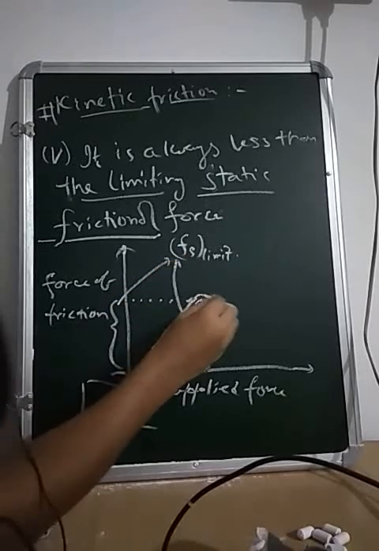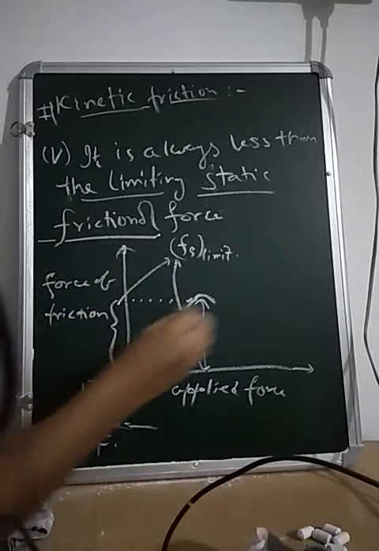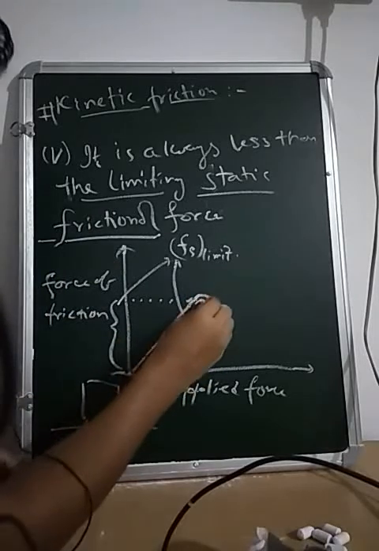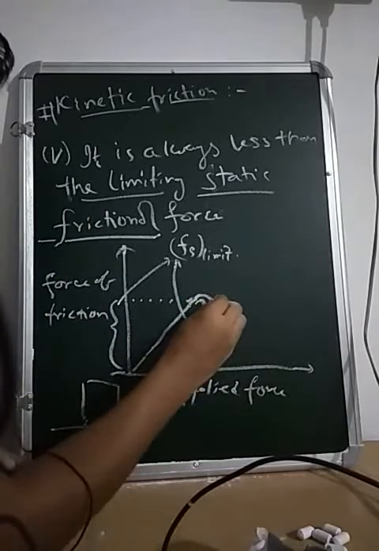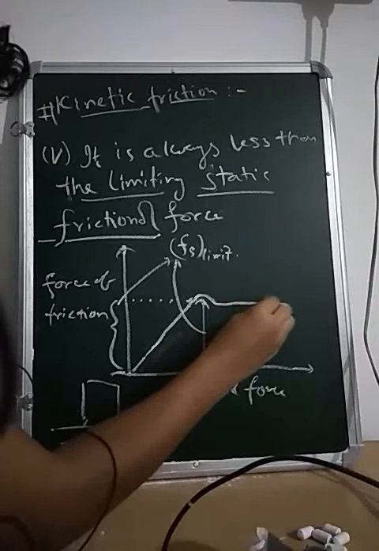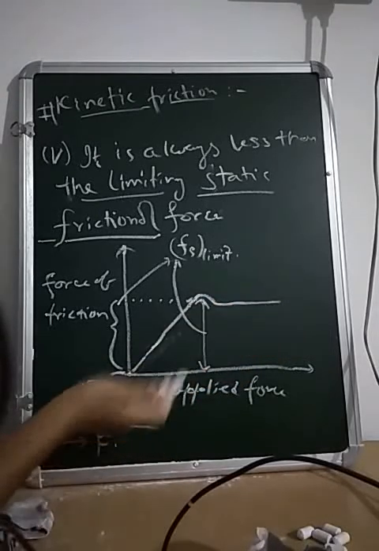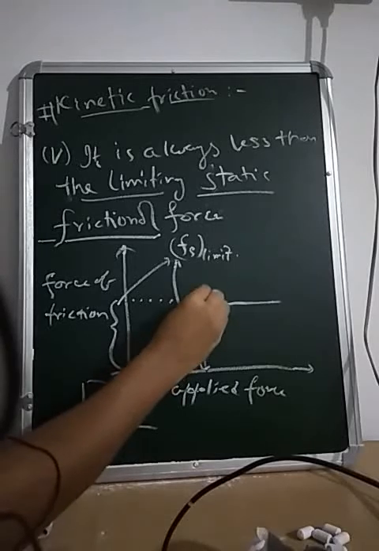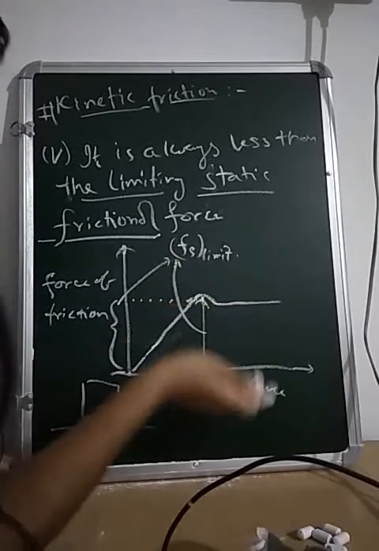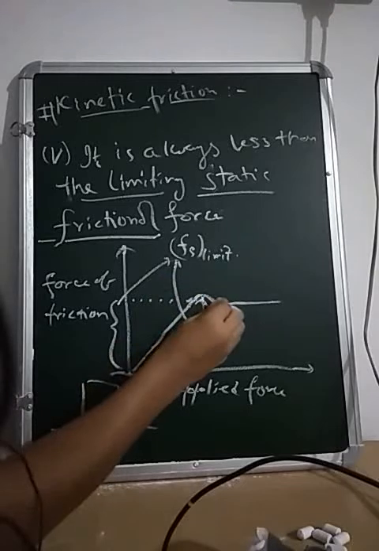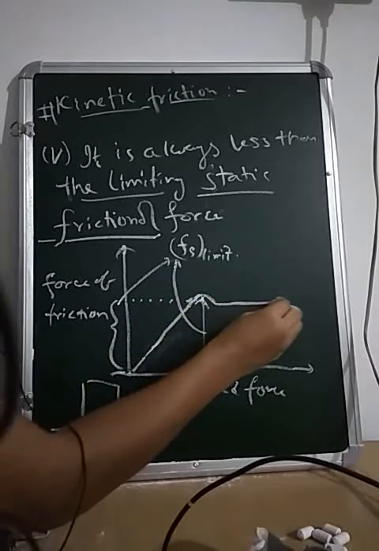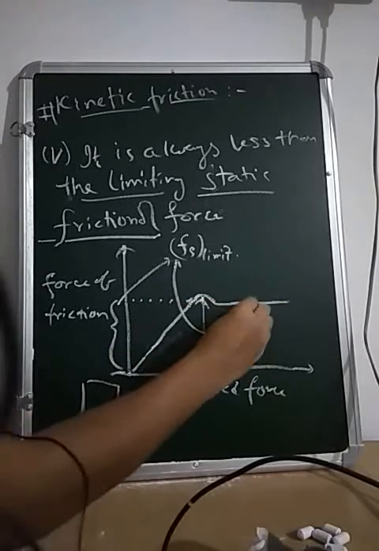At this point the body starts sliding. After that, if we increase the force, the force of friction remains constant. After the limiting value of static frictional force, if we increase the applied force on the body, the frictional force remains constant.